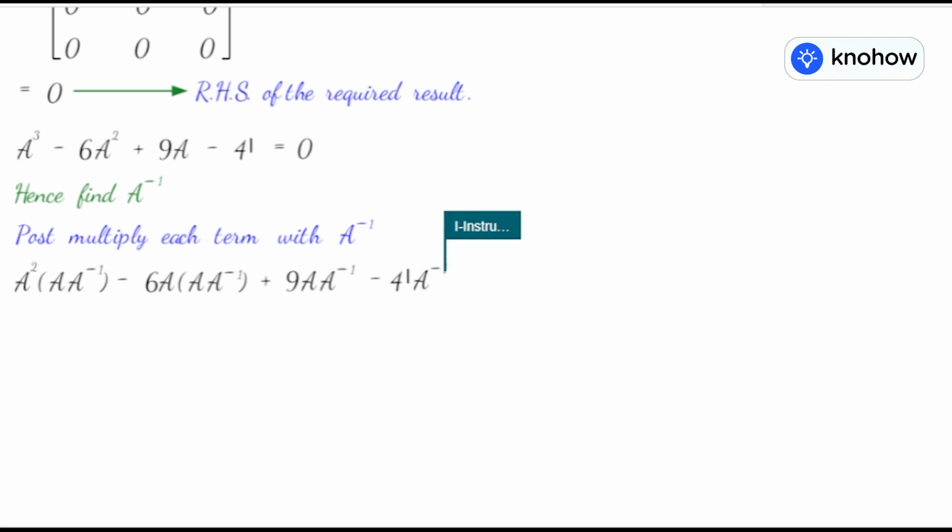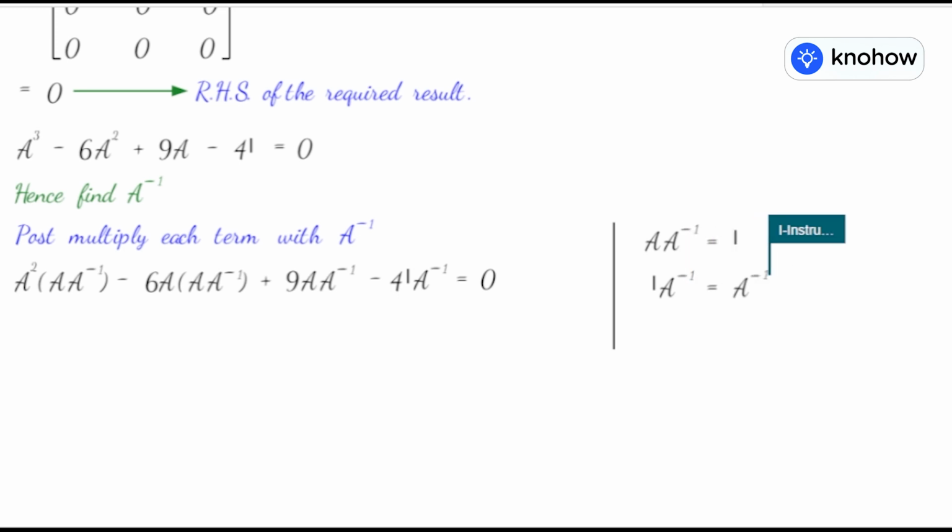And now I'll use certain results that A into A inverse is identity matrix, and I into A inverse is A inverse, and similarly A into identity matrix is A. So using all these results, you get A square, A into A inverse is identity matrix, again A into A inverse is identity matrix, and 9 times A into A inverse is identity matrix, minus 4 times I into A inverse, that is A inverse, equal to 0.